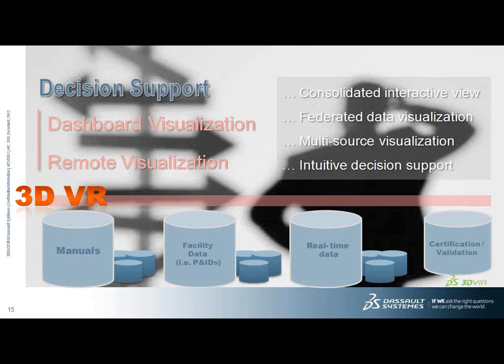for example, when I'm looking at the 3D, I realize that one system is sitting right next to the other system. And that proximity may have an impact on how I put a project together or how I plan a shutdown or how I do a maintenance protocol. It may have an impact on how I learn about operating that system.